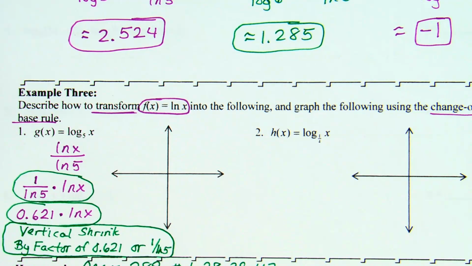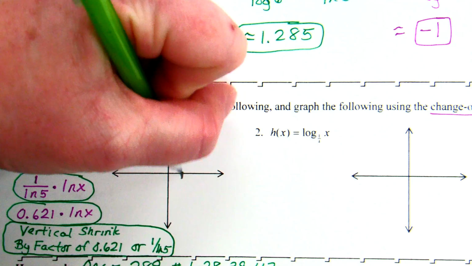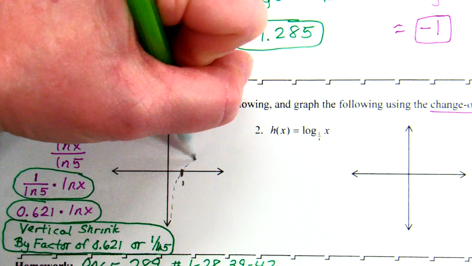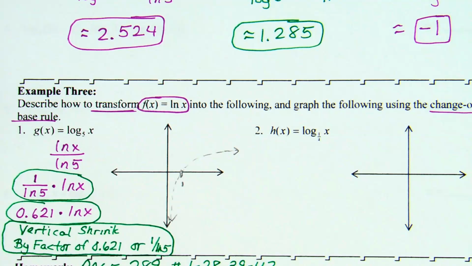Okay, do you guys remember what the natural log graph looks like? It has to cross through 1. We did this last week. Runs up along the axis, cuts through 1, and does something like that, right? That's total freehand again. What's a vertical shrink going to do to this?